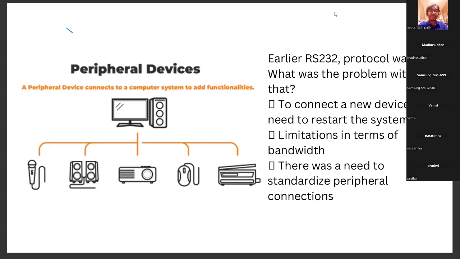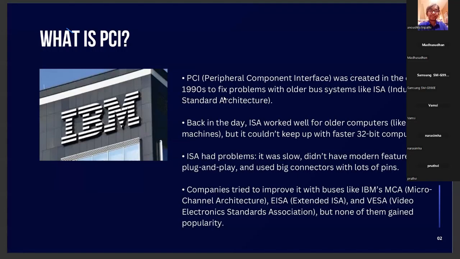So to solve these problems, the PCI protocol evolved later. Let us talk about that. PCI was created in the early 1990s to fix the shortcomings of old bus systems like RS232.